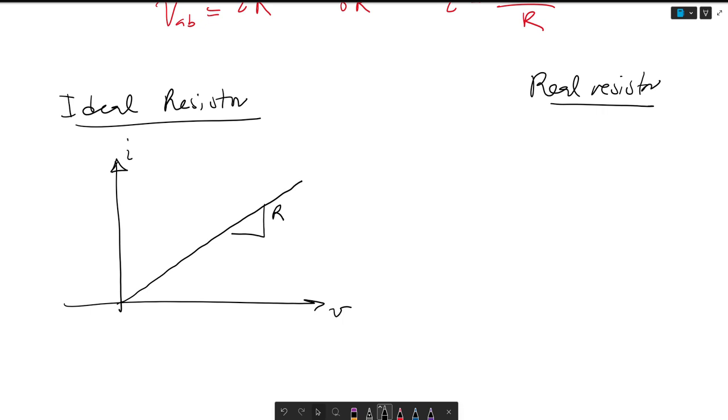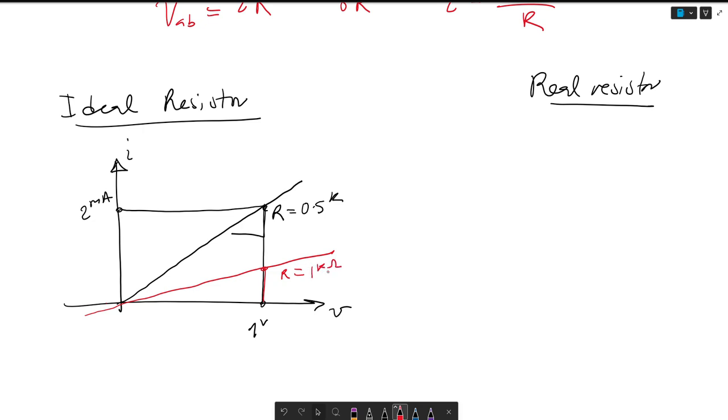And if we say that R is equal to 0.5 K, we might get for a 1 volt voltage, 2 milliamps for our current. And then as we get lower, we could see that our resistor value needs to increase. So 1 K ohm will lead to a 1 milliamp current.